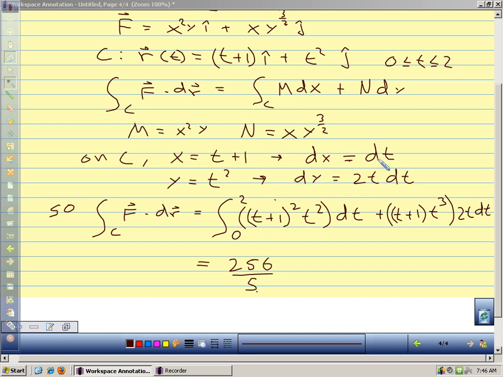Turns out to be the same thing. So I just want to do a couple of examples of using this differential form to evaluate our line integrals, because we're going to see that a little more often as we move forward. Questions?